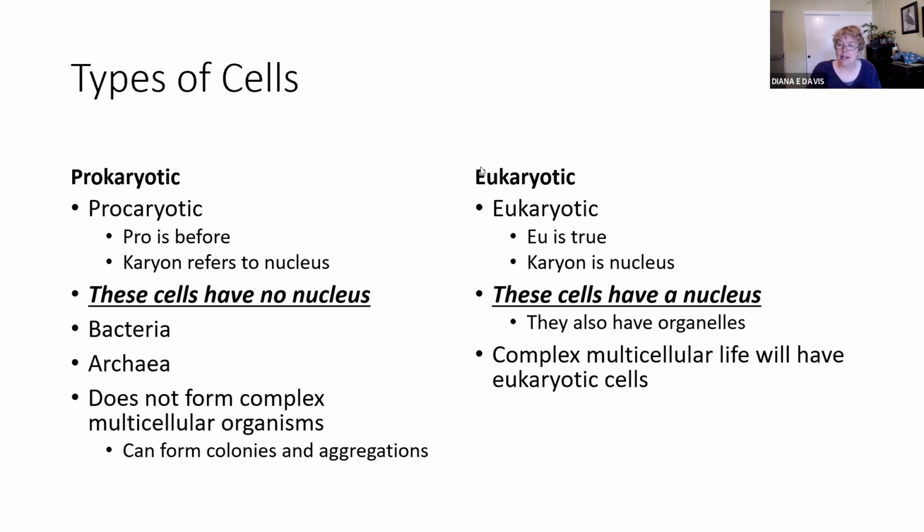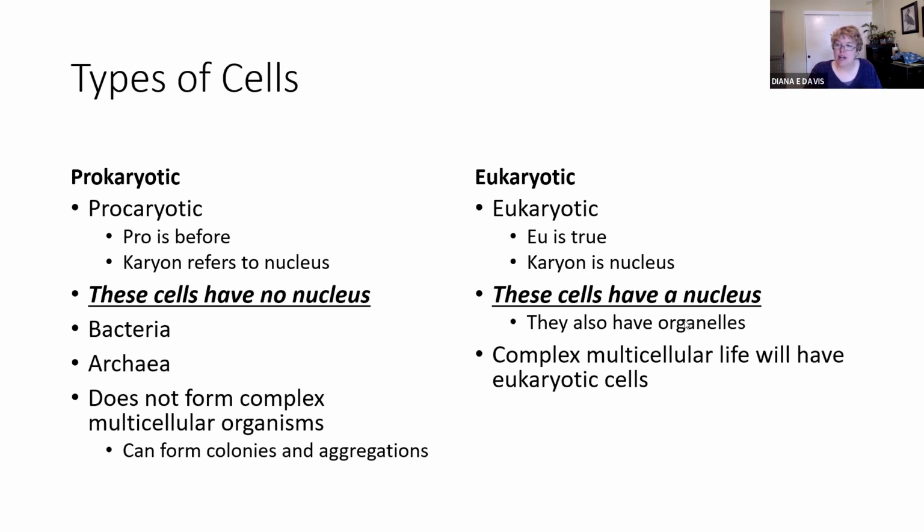Eukaryotic cells, on the other hand, are much more complicated. Eu means true. So anytime you see that in a scientific word, that means true. And karyon, again, is nucleus. So eukaryotic cells have a true nucleus, and that's the defining difference between these cell types: the presence or absence of a nucleus.